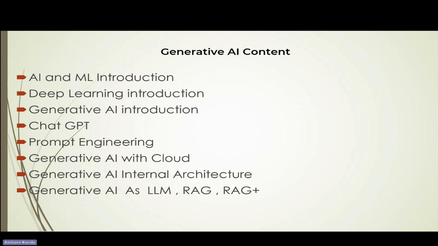We'll try to explore what the limitations of Gen AI products are and how they are resolved with the help of RAG or RAG plus. And industry is using that today. And we'll try to implement a good lab example related to each topic, right? So this is our course content that we're going to cover in this curriculum.